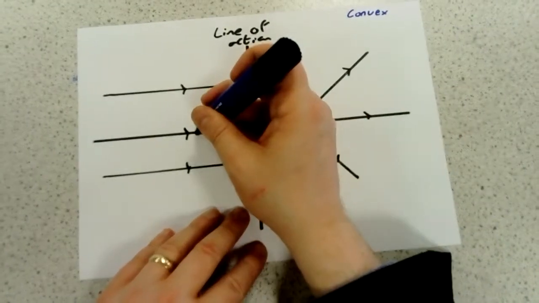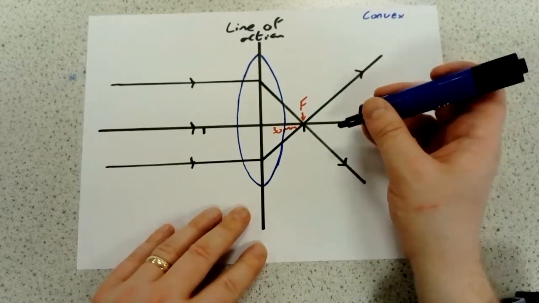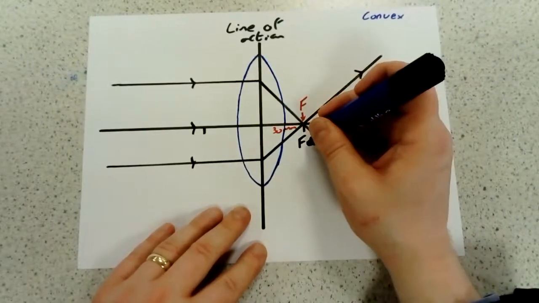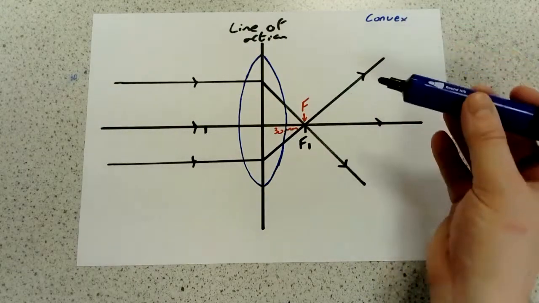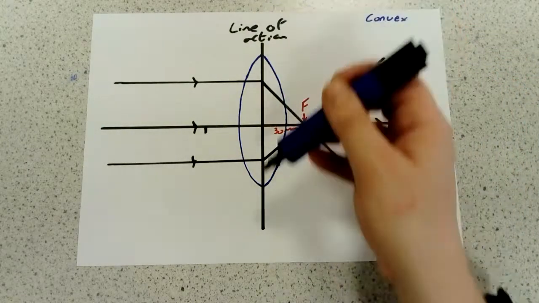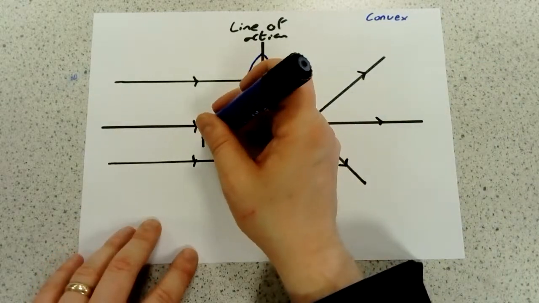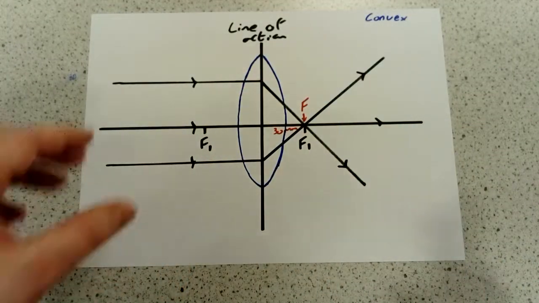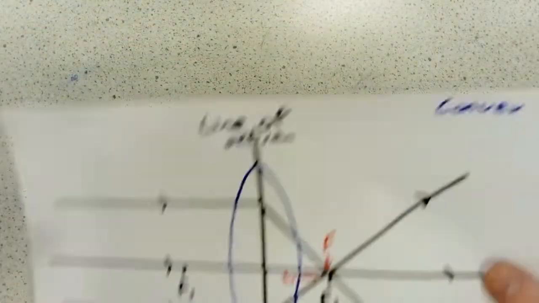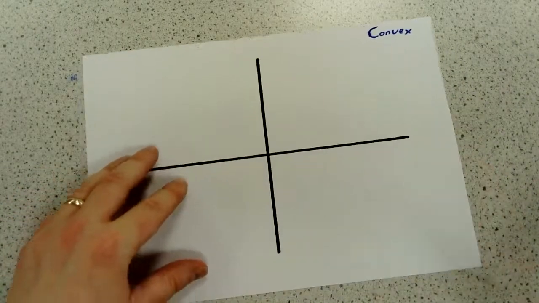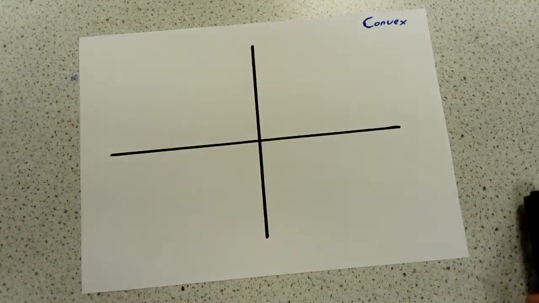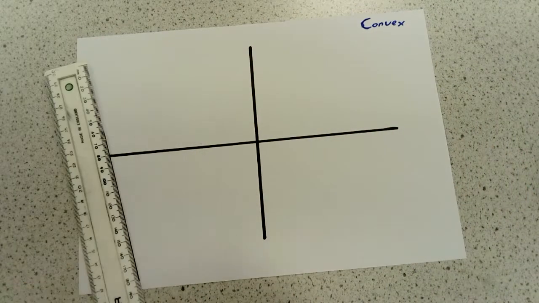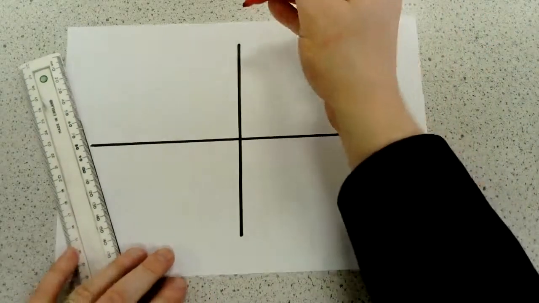On a normal diagram, once we've got this, we would call that the F1, right? All the F1 means is the focal point. And the focal point will be the same distance from the line of action on both sides. So if we now look at how we draw our diagram, most questions will start off with something like this.